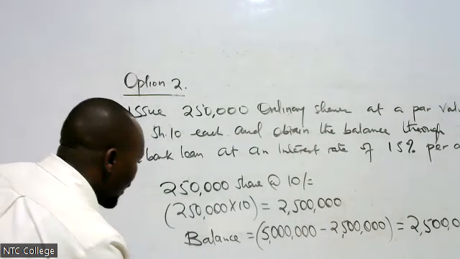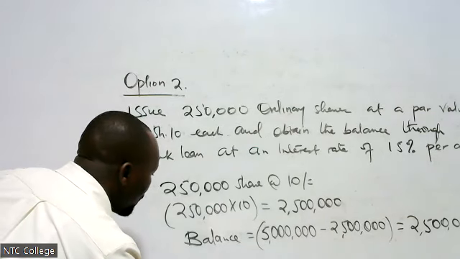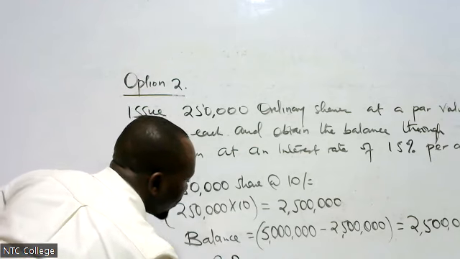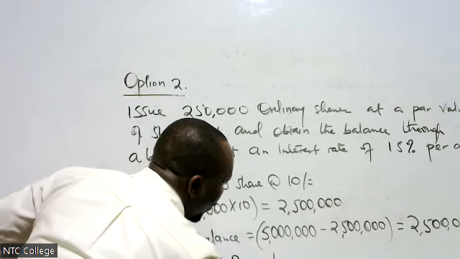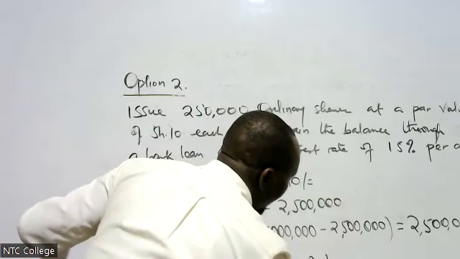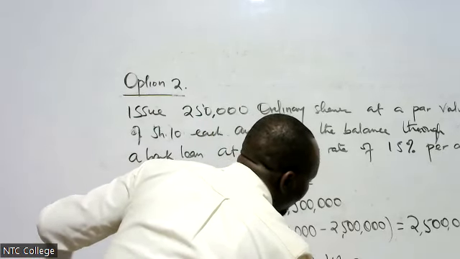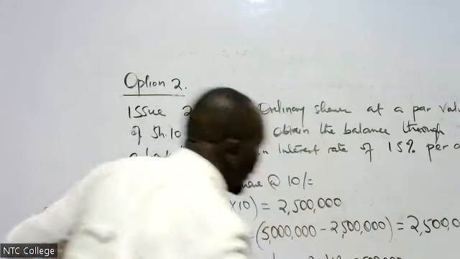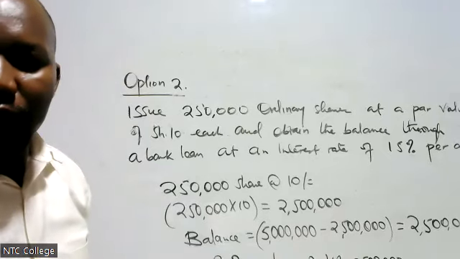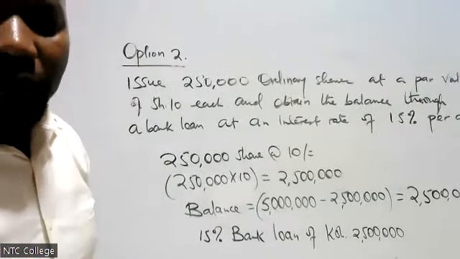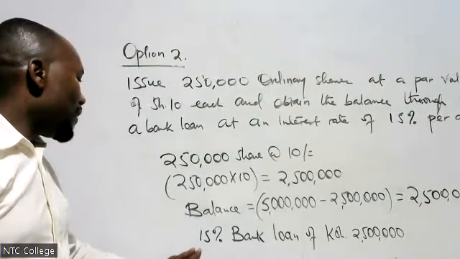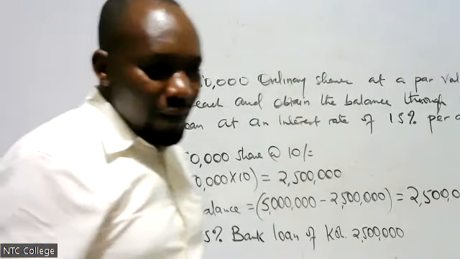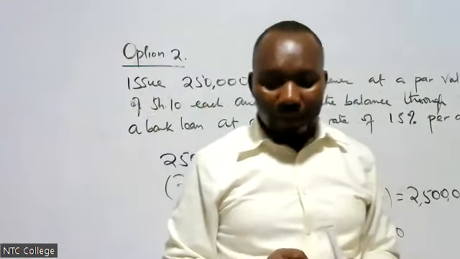So we are going for a 15% bank loan of Kenya shillings 2.5 million. That is basically the statement that we have made.